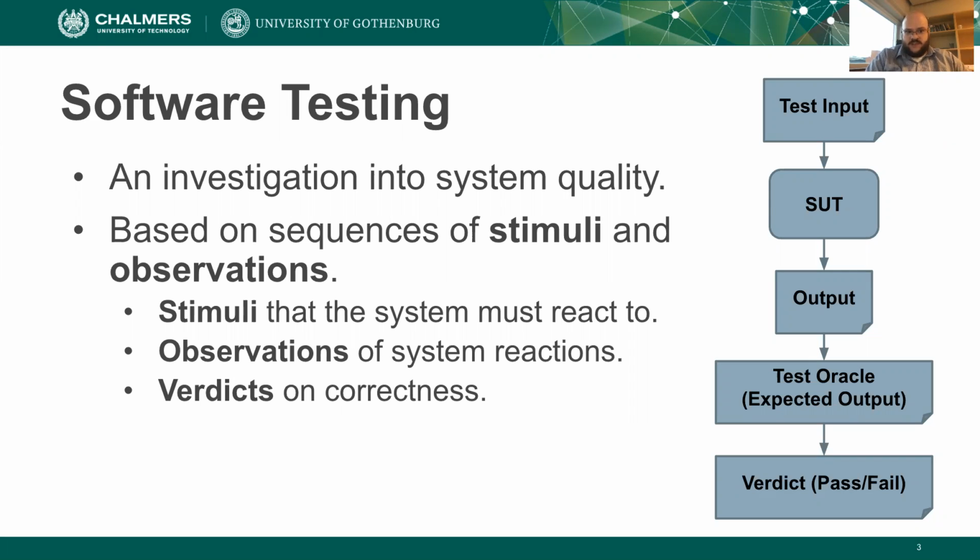Basically, we poke it and we see what it does, right? And from this, we record observations. We note how the system reacted to that stimuli. We mark down the output, the actions taken, the internal state of the system, even things like power consumption or bandwidth usage. Anything really that we can use to analyze the system behavior, and we use that to render verdicts on the correctness of the system. Right? Is it working as we expect, or is it not?